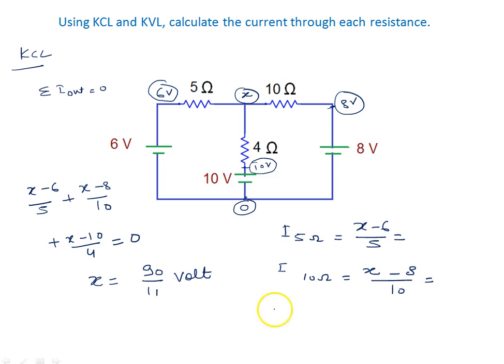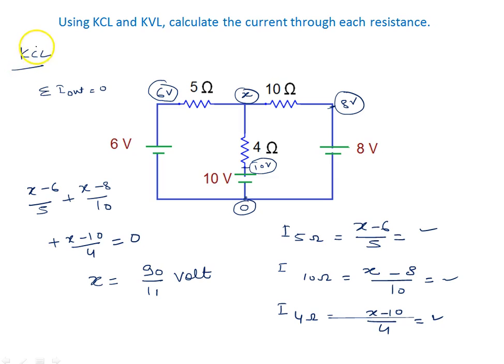Put the value of X. Then the current through the 4 ohm resistance, (X minus 10) upon 4. Now you solve yourself. Okay. So after solving, I think you will get the result that I will write on the next slide.